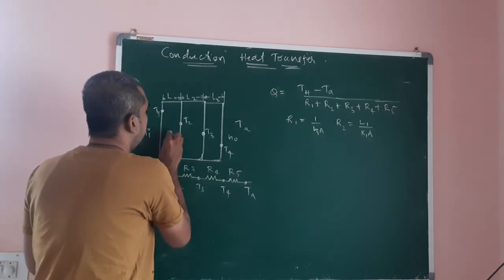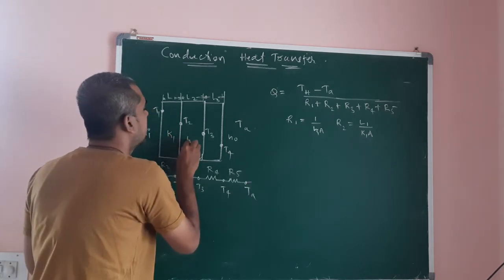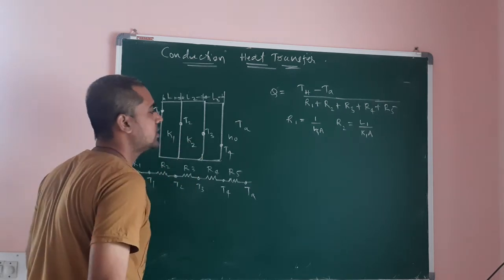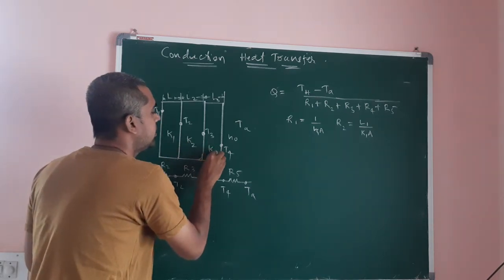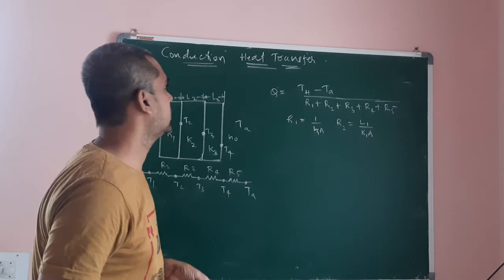Okay. Let K1 be the thermal conductivity of the first material, K2 the thermal conductivity of the second material, K3 the thermal conductivity of the third material.